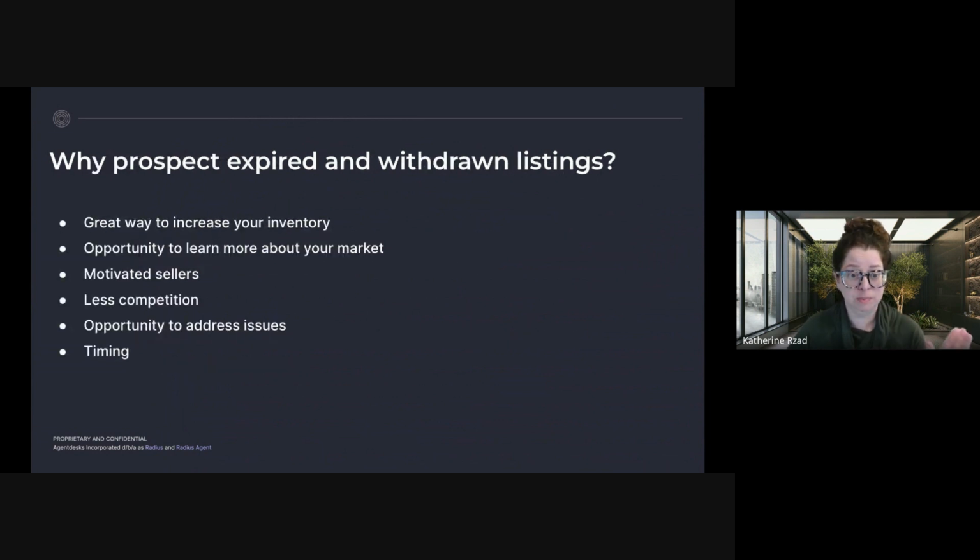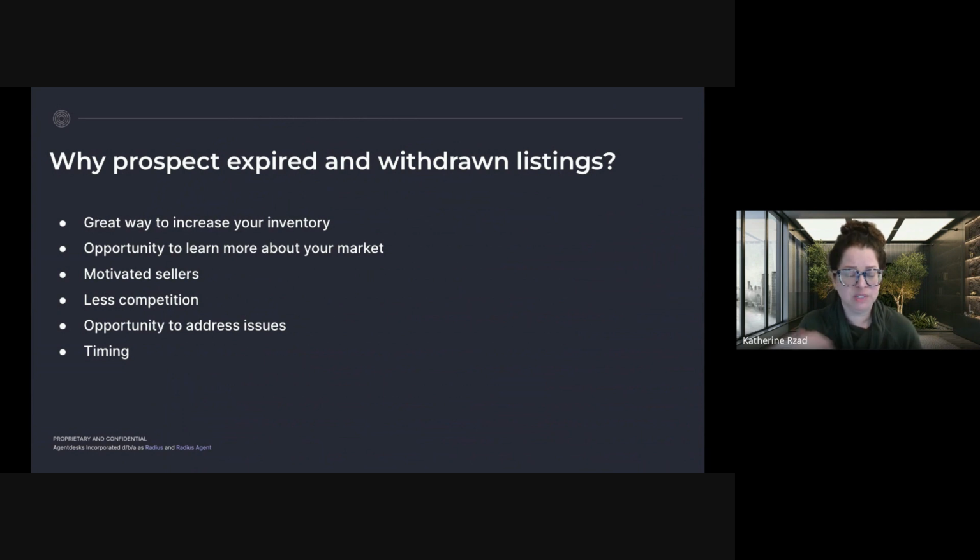So why prospect them, right? Number one, it's a great way to increase your inventory. Number two, it's an opportunity to learn more about your market just from doing the research that you need to do on each property. Number three, owners of withdrawn and expired listings may still be motivated to sell, but might have become disillusioned with their current selling strategy or their agent.